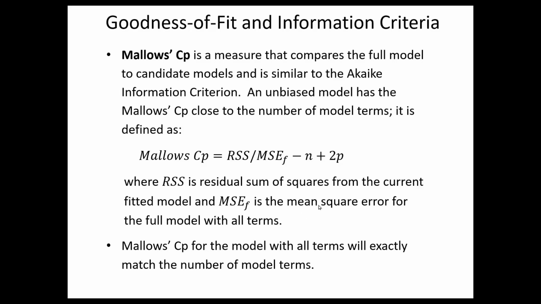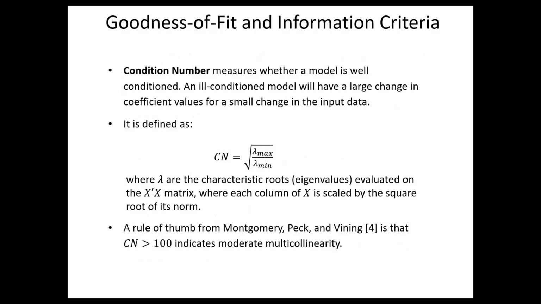Okay, so that's Mallows Cp. Oftentimes the optimal Mallows Cp will correspond to the optimum AICC, but not necessarily always. Condition number is kind of related to variance inflation factor, but it's just a single number. If you have a large condition number, Montgomery says greater than 100, that indicates moderate multicollinearity.